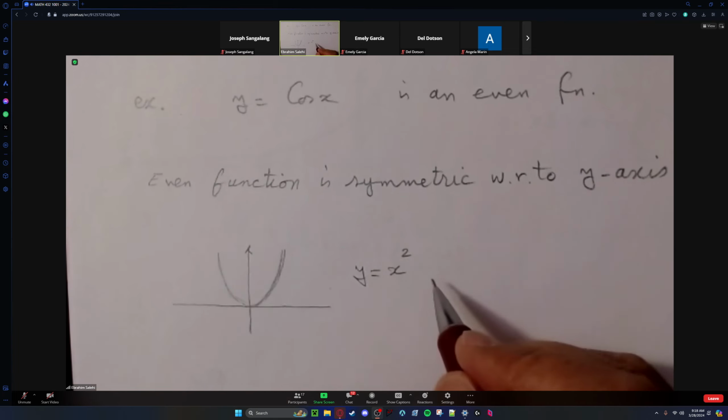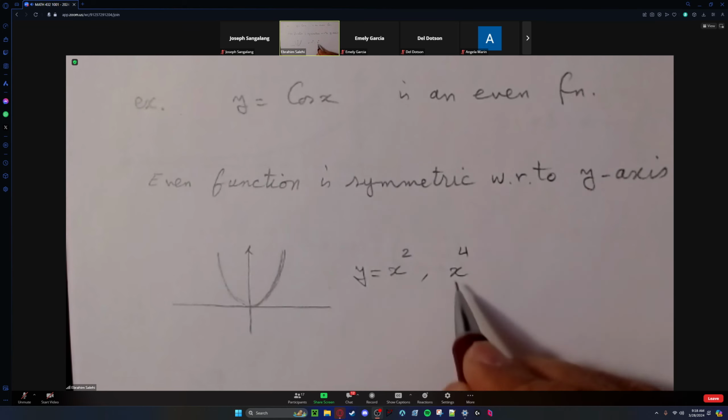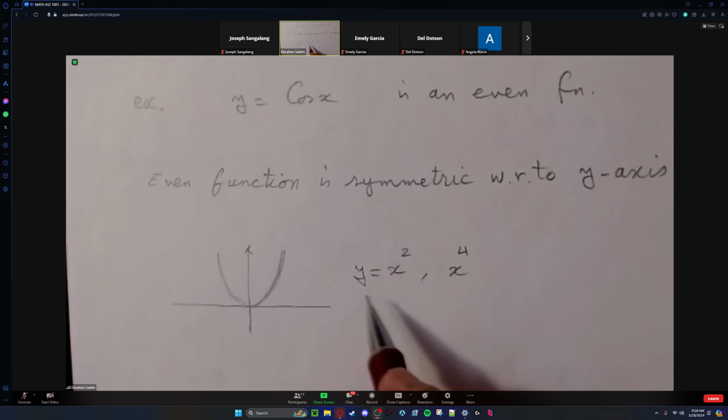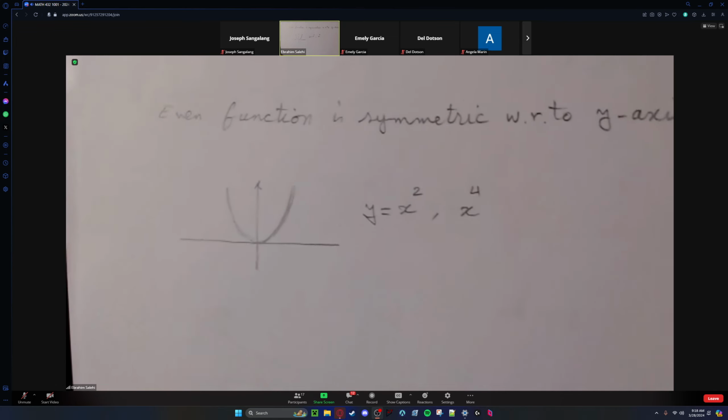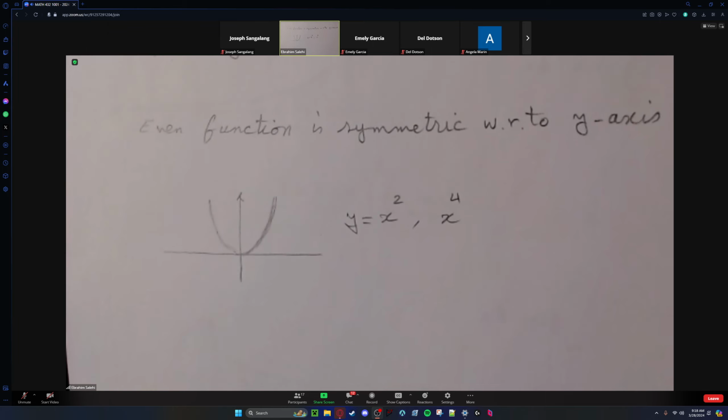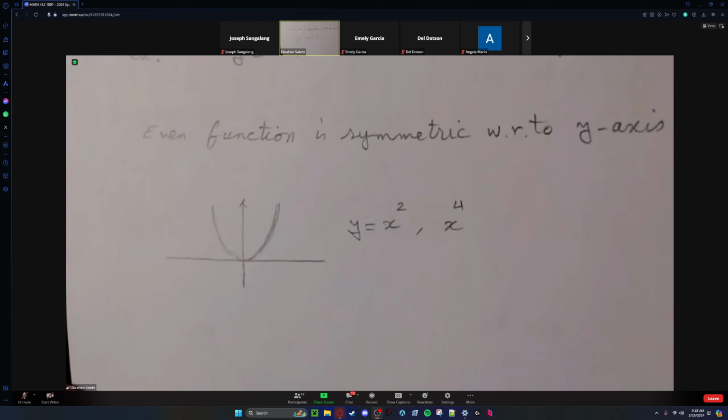Or in general, why not? Whenever the exponent is even, it will be. And the same thing I said is true for the geometric picture of cosine x.